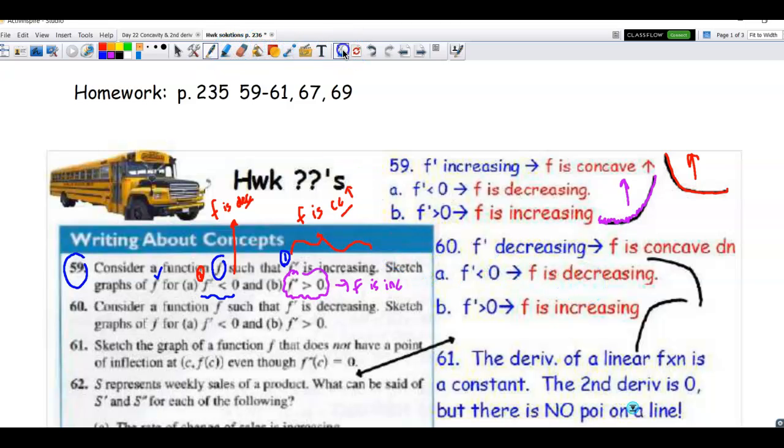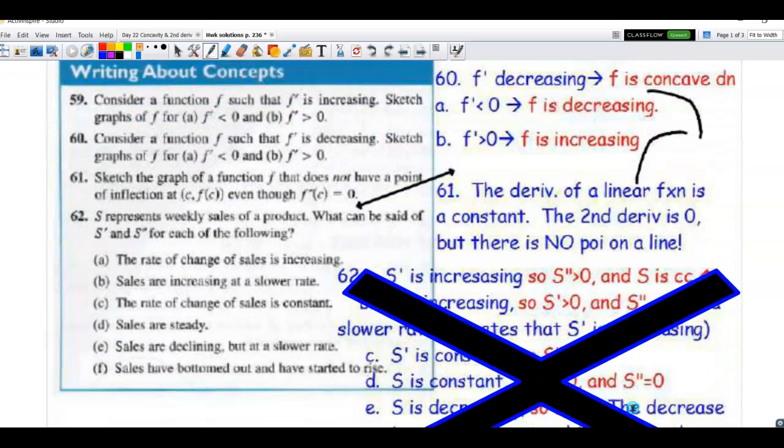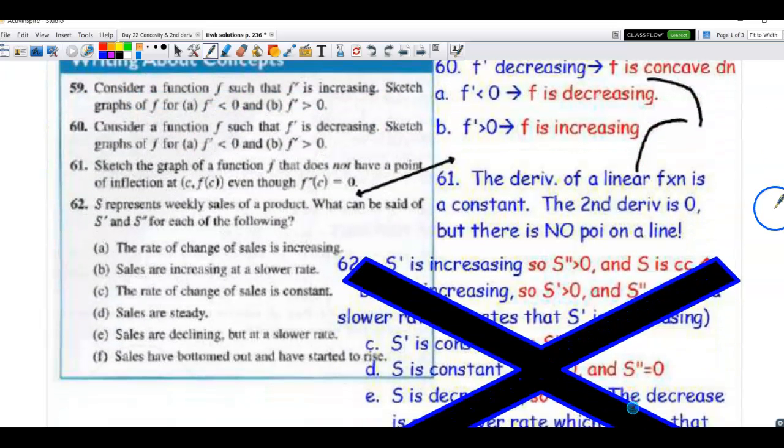All right, let me clear the annotations and let's go to number 60. So we're doing 59 through 61. All right, let's do the same thing with number 60. So again, we have a graph of an original function, so the graph of f, that's what we're focused on.